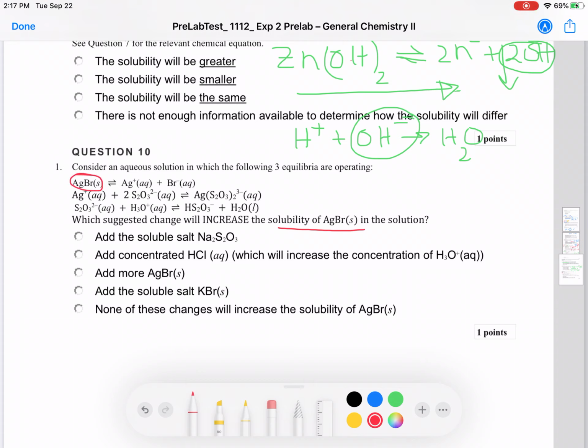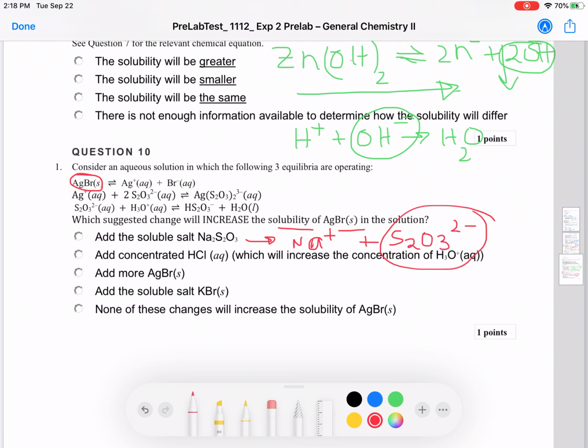Add the soluble salt sodium thiosulfate, Na2S2O3. Sodium thiosulfate again is going to be a strong electrolyte. So the strong electrolyte will give you Na plus, Na plus, and S2O3 2 minus.